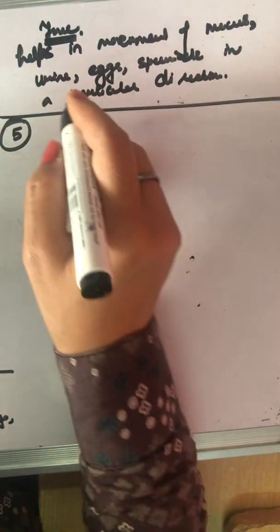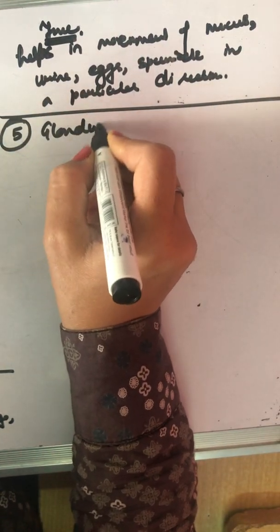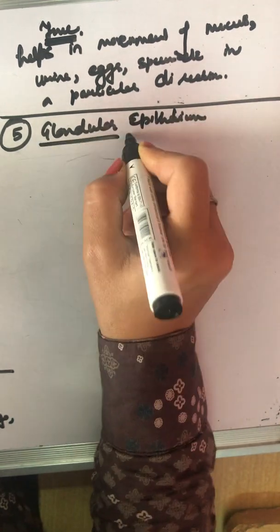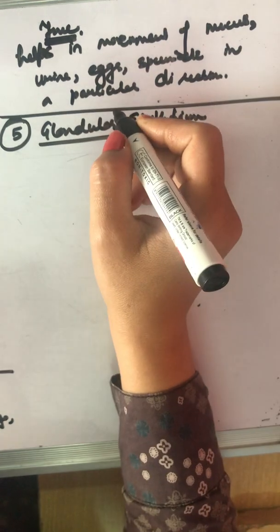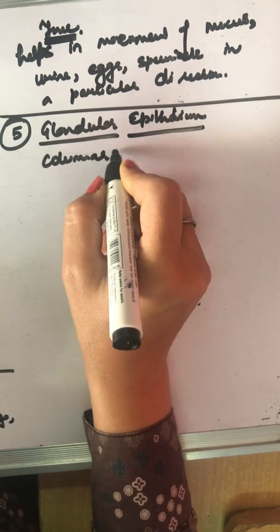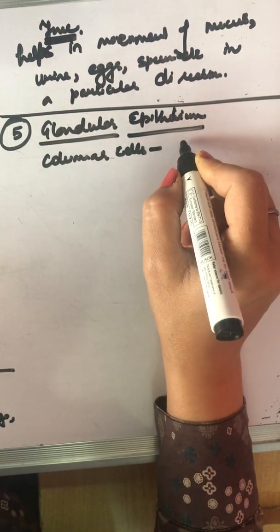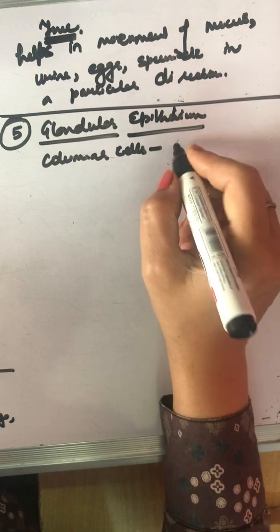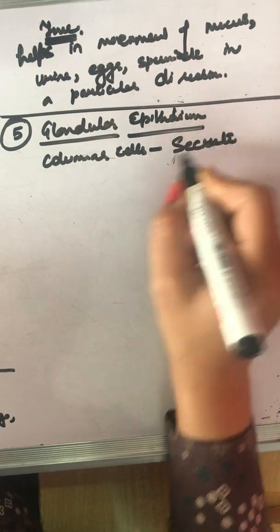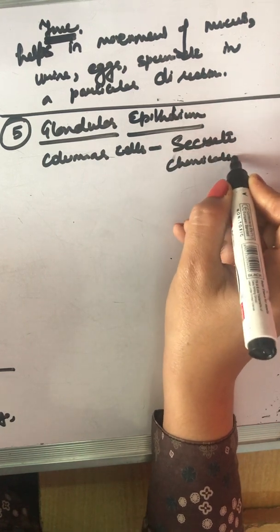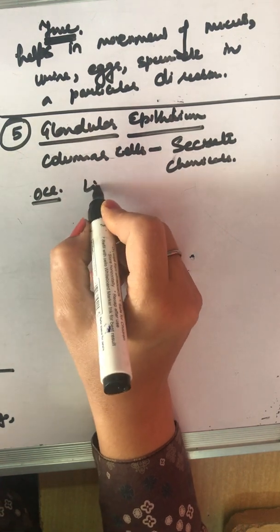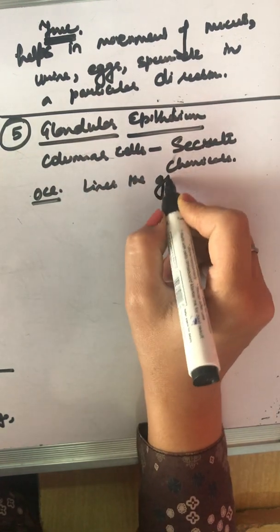The fifth one is a glandular epithelium. Name is also suggesting it will be something gland-like, right? These are also columnar cells, but modified to secrete chemicals. So what is their function? Secretion. So these are modified to secrete chemicals, and their occurrence or their location is they line the glands.